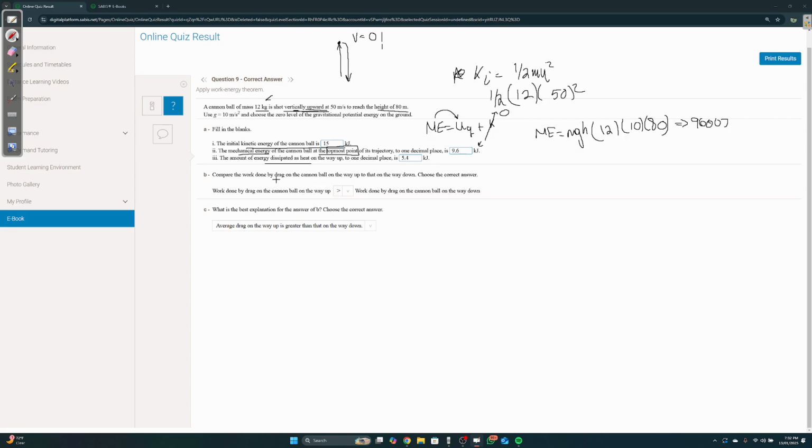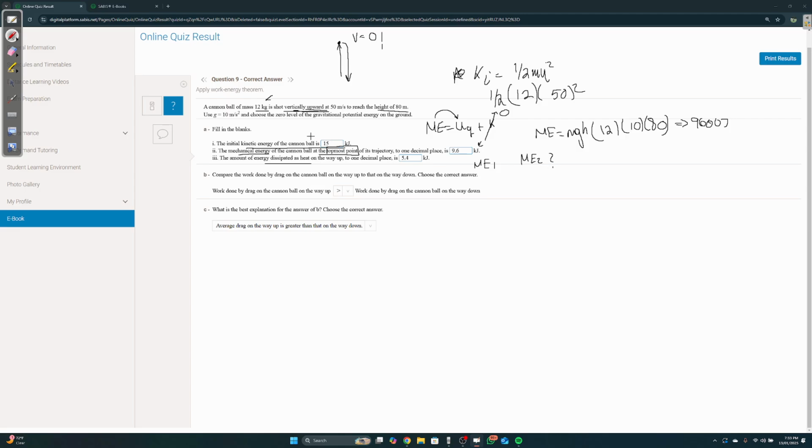The amount of energy dissipated as heat on the way up, to one decimal place, is how much? For this, you can use the formula energy lost, or work lost, is equal to delta U plus delta K. But I think it makes more sense to just use the final mechanical energy and compare it to the initial mechanical energy, to see how much was lost.